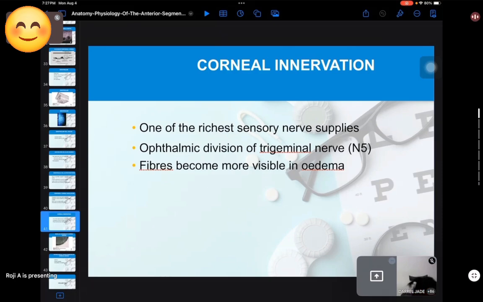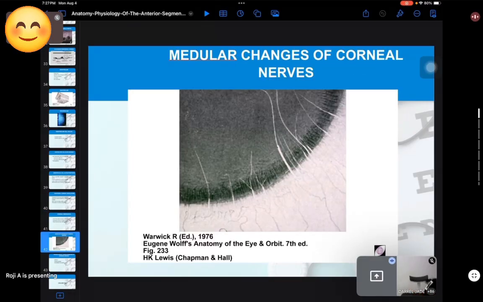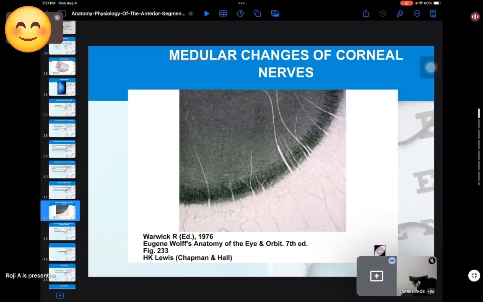Air. Very good. There you go. Good job. So this is the look of your corneal nerves. Those are just nerves. As you can see, that's why it's so sensitive. Which is more sensitive, the cornea or the sclera?